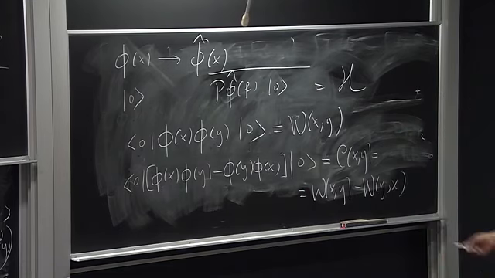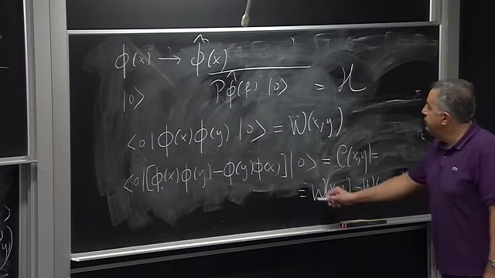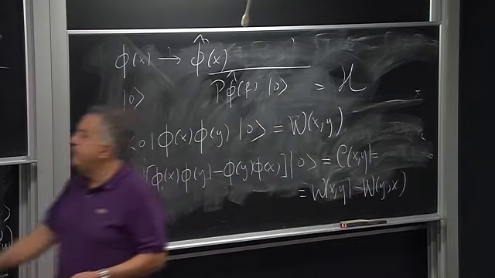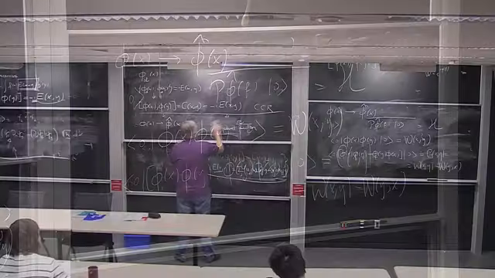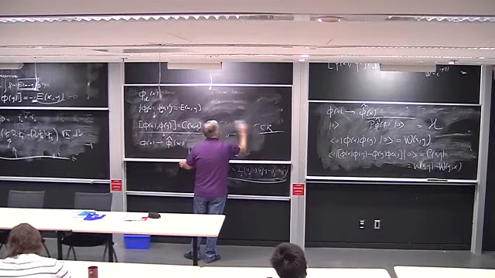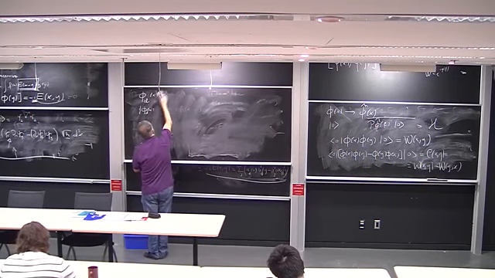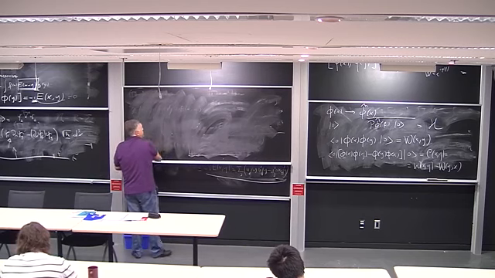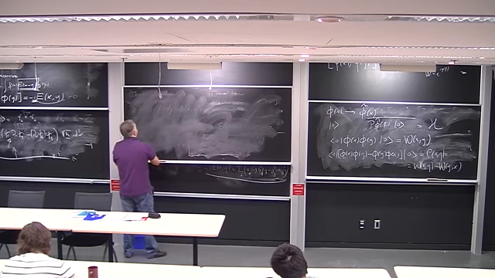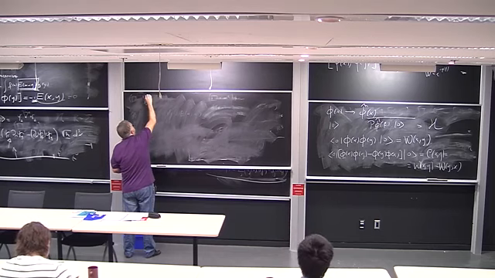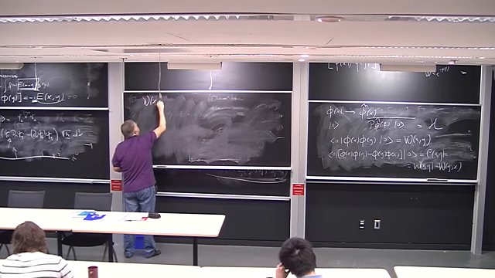So if you know a two-point function, the first thing you have to check is whether it satisfies this functional relation. This is the fundamental property a two-point function has to satisfy.